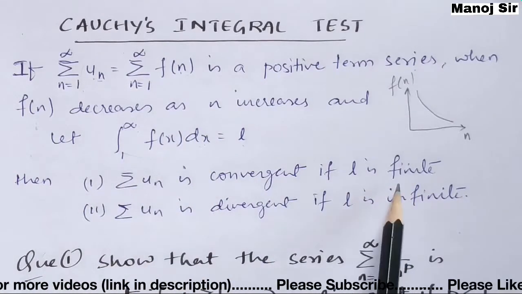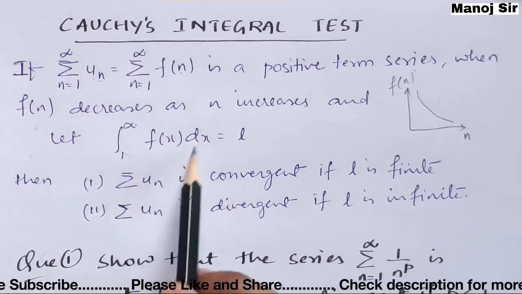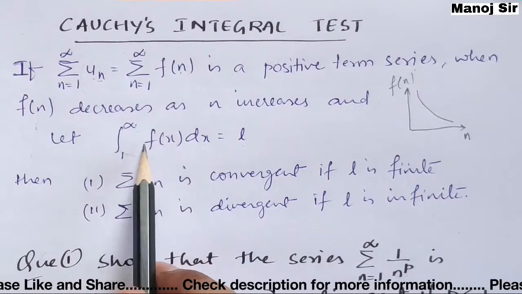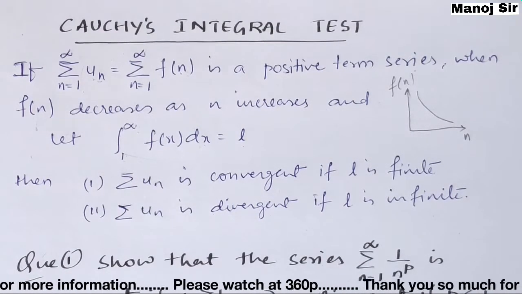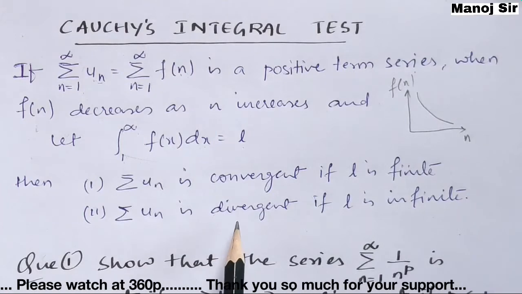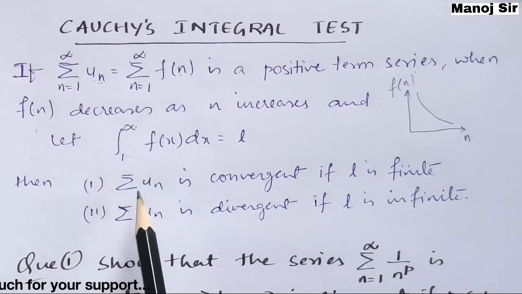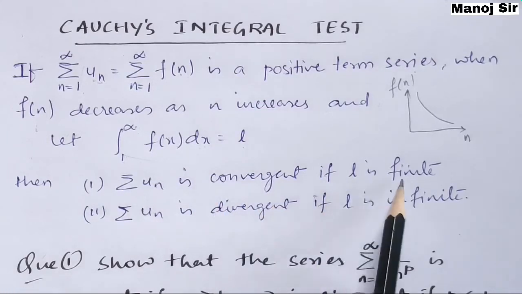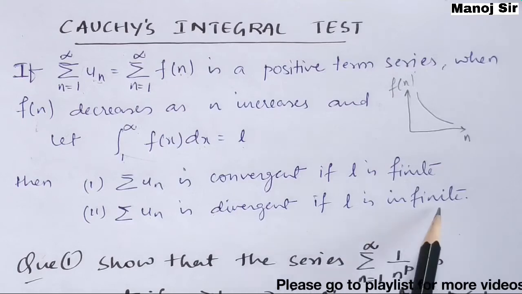If the integral comes out to be finite, then the series is said to be convergent. But if the value of this integral comes out to be infinite, then we can say that the series is divergent. Very important lines: the series is convergent if L is finite, the series is divergent if L is infinite.